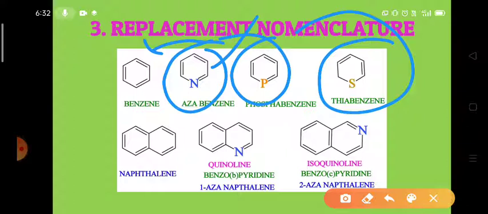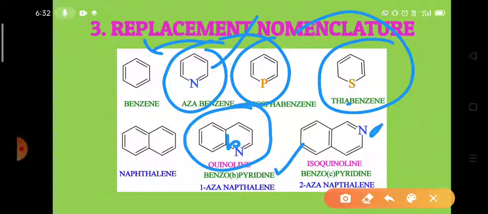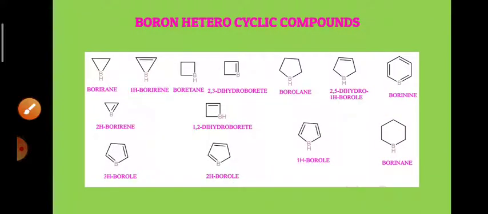Okay, and here we can call it as benzo[b]pyridine, because here it is attached at the b position, no? And look here, it is a, it is b, it is c. So we call it benzo[c]pyridine.